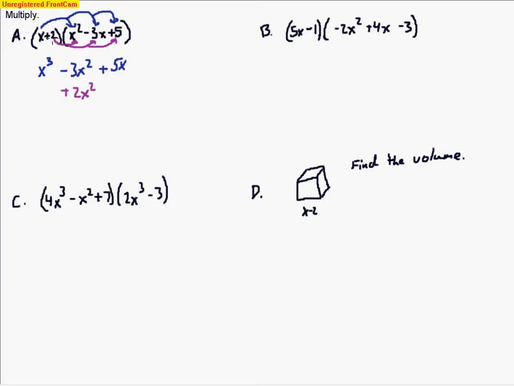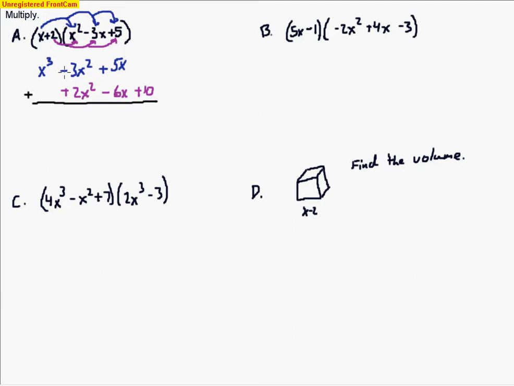So now 2 times negative 3x makes a negative 6x. 2 times positive 5, well, that number is going to go off to the side over here because there's no number to collect it with. And what this does for us is it puts it in descending order right away. And all of my terms are lined up, so I'm ready to add.